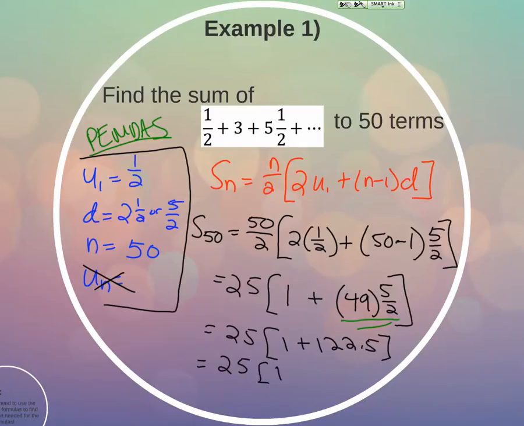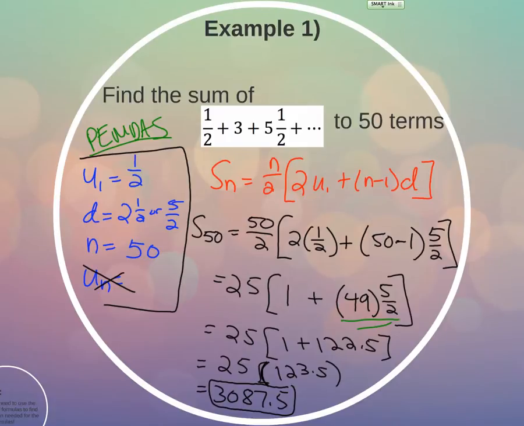So I have 25 times 123.5. So I end up with 3,087.5 for the sum of the first 50 terms.